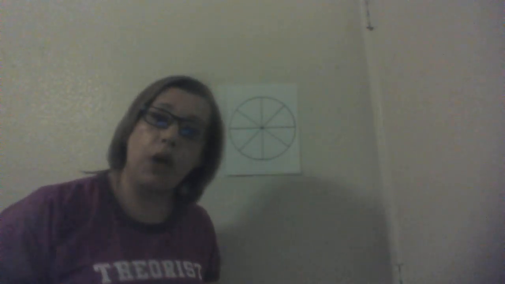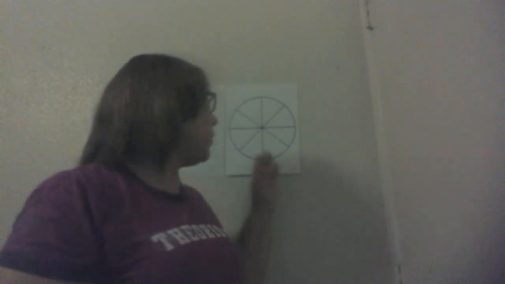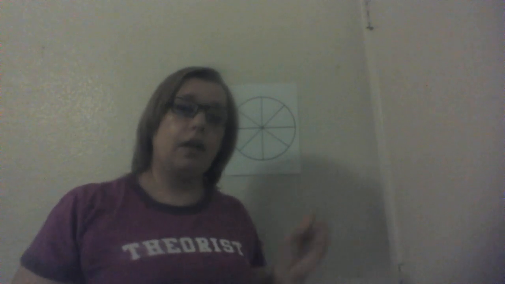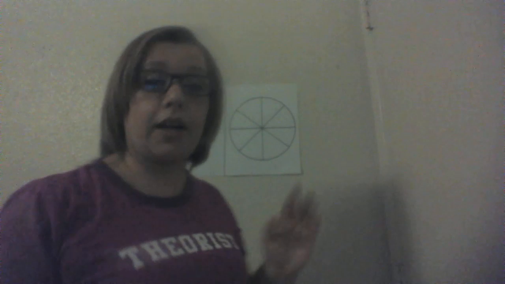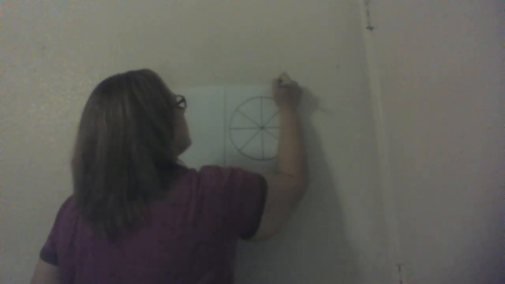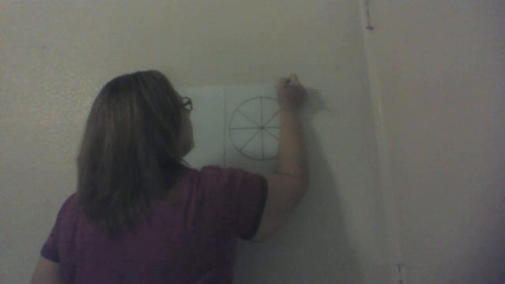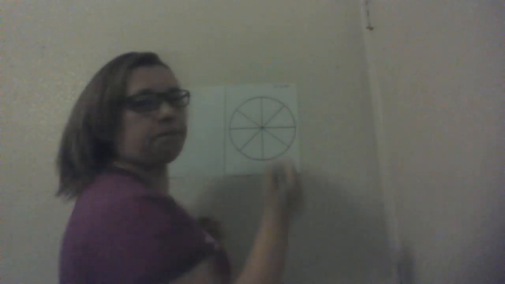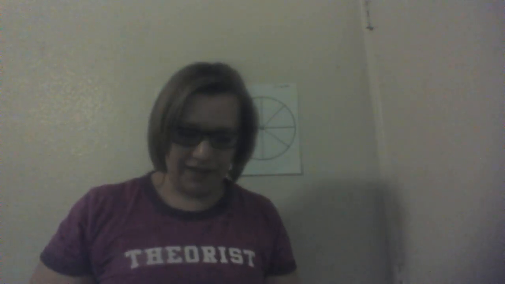Now for our subtraction model, we're going to be using the circular. We're going to be doing this as a subtraction of pizza pieces. So we're going to pretend this is actually our pizza. Okay? So this is a pizza. Yummy. Okay.